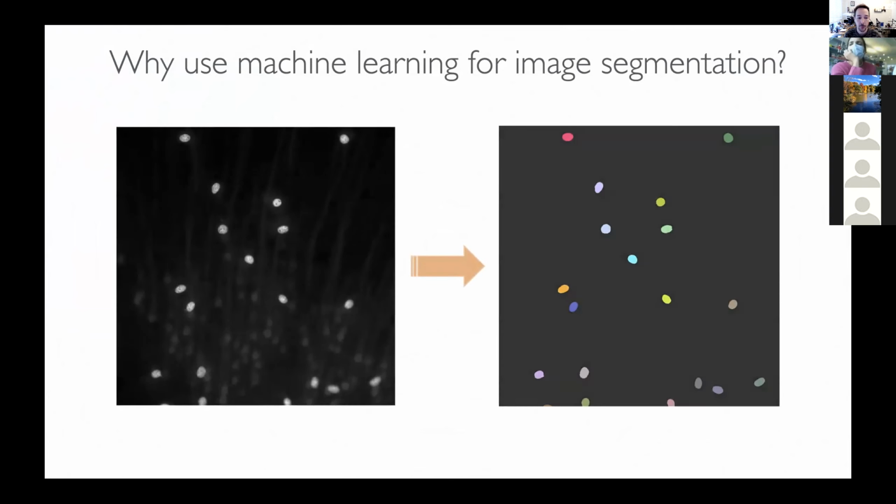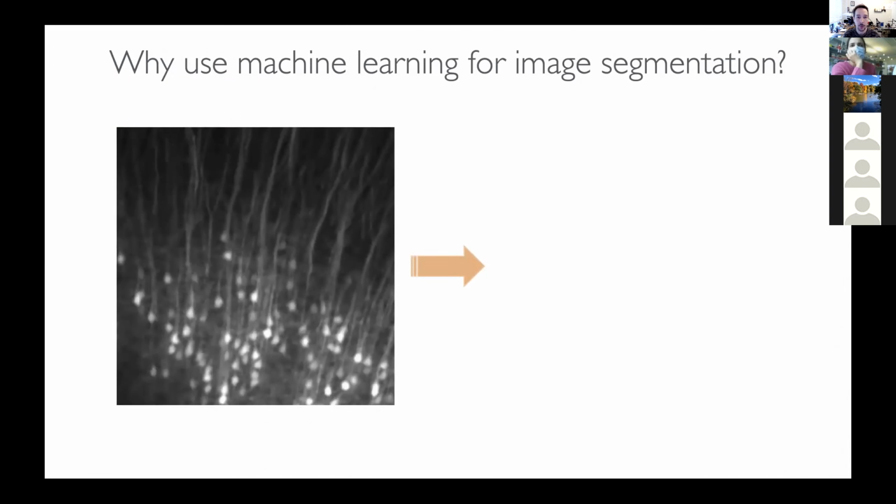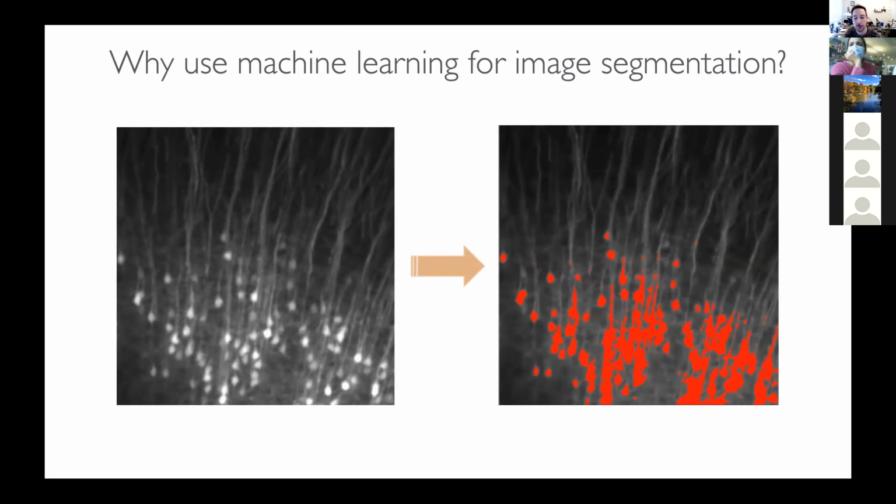And a good example in neuroscience is when we're looking at neurons in brain tissue, where they can be very densely packed and they're surrounded by their axons and dendrites. And this becomes a much more challenging image segmentation problem. And if we just use a threshold, this will be pretty unsatisfactory. Of course, we could do background subtraction, and we could combine a number of filters and get a much better result at detecting those cells.